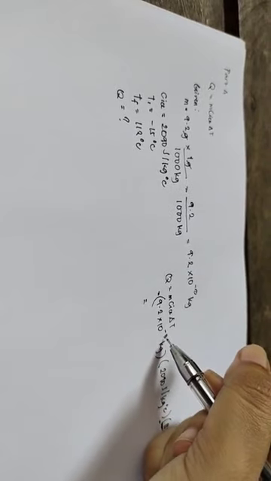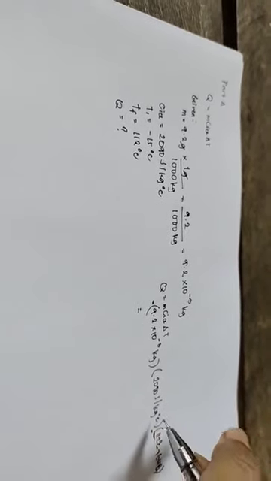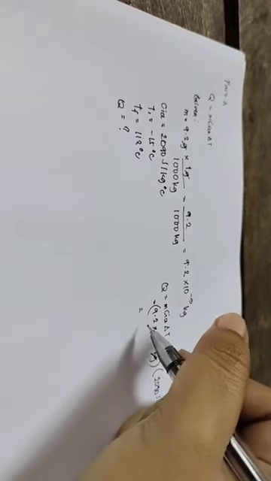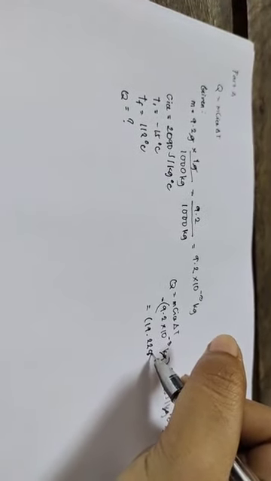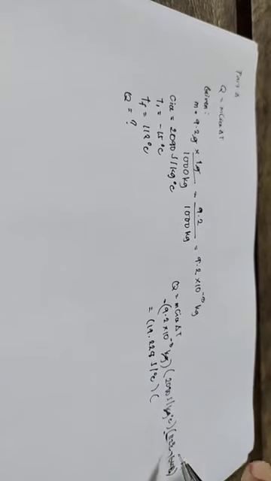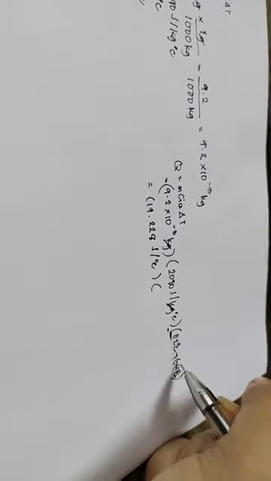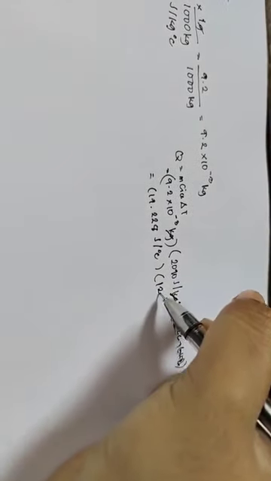9.2 times 10 raised to the power of negative 3 kilogram times 2090 joules per kilogram degree Celsius. We need to cancel out first the same unit, which is the kilogram. So the answer is 19.228 joules per degree Celsius. Then 112 minus negative 15 degrees Celsius equals 127 degrees Celsius.